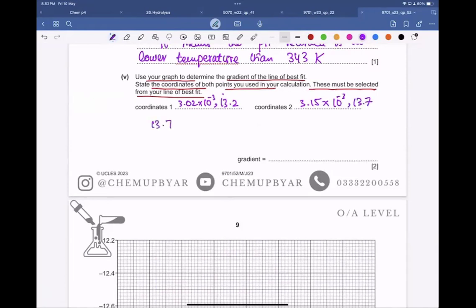So 13.7 minus 13.2 divided by 3.15 exponent minus 3 minus 3.02 exponent minus 3.